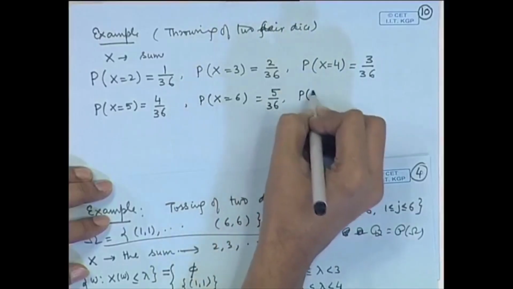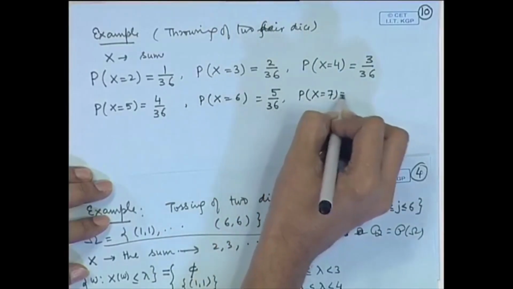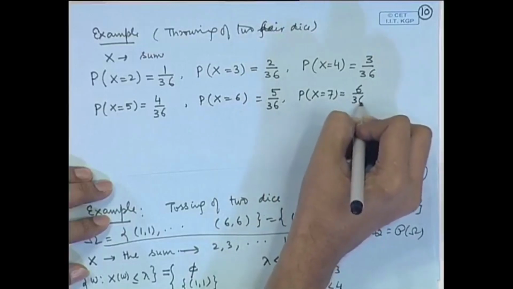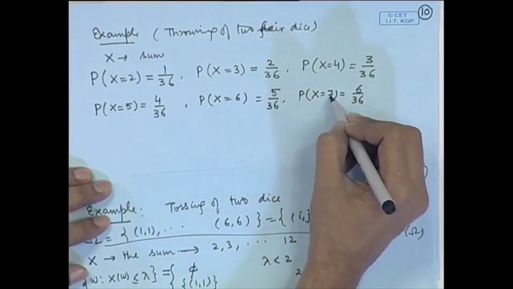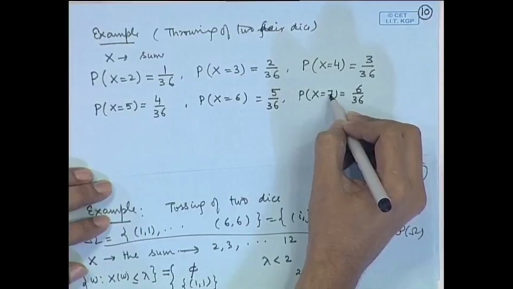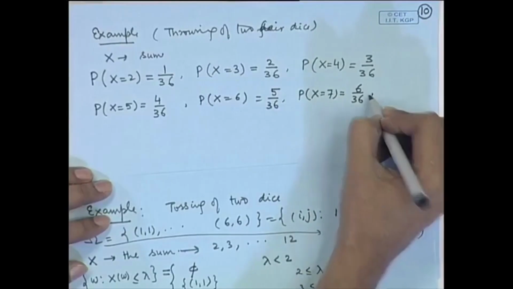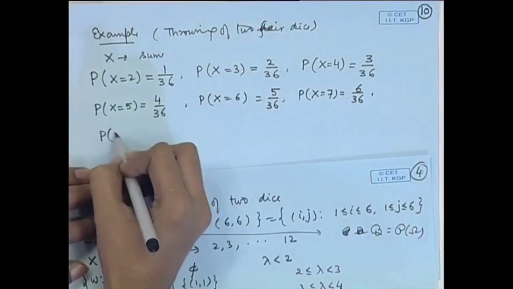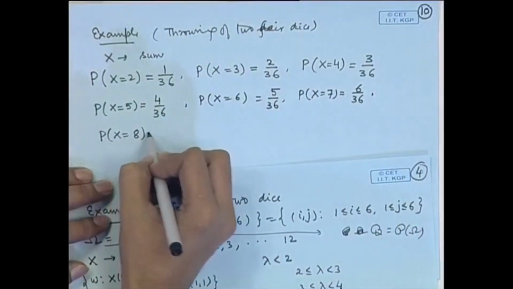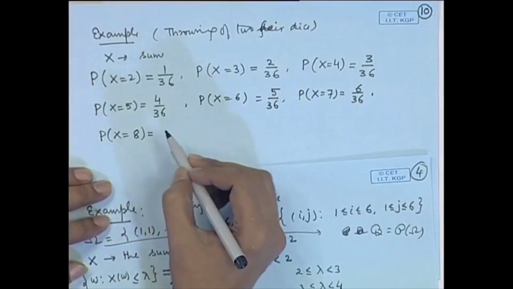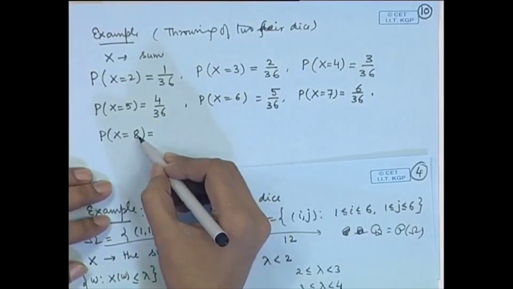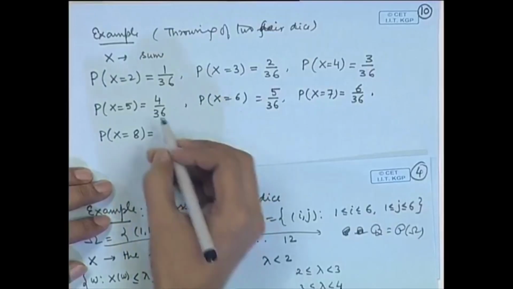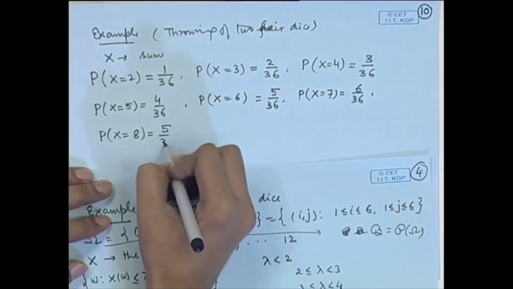Probability of X equal to 7 will be 6 by 36, with favorable outcomes 1 6, 6 1, 2 5, 5 2 and 3 4, 4 3. Then probability of X equal to 8 has favorable outcomes 2 6, 6 2, 3 5, 5 3 and 4 4, that is 5 by 36.